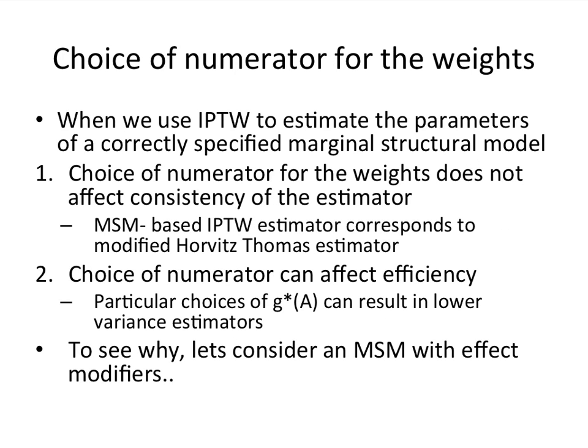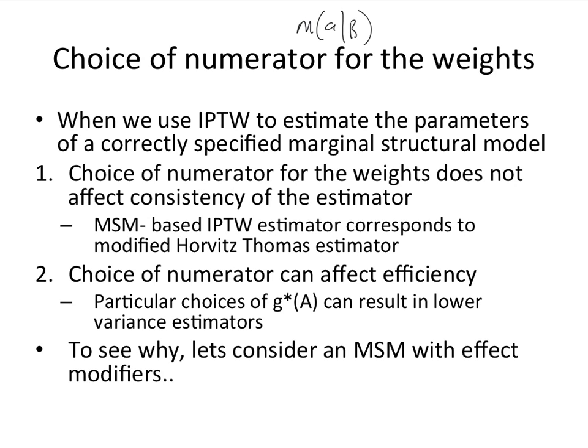Again, regarding the choice of the numerator: when the model, the M, A given W model, is true, is the right model, I have the right one. It's linear, the truth is linear, and I've chosen linear. It doesn't matter what I choose for G star A in terms of consistency. It's just efficiency. I can reduce the variability or increase it depending on how I choose that.